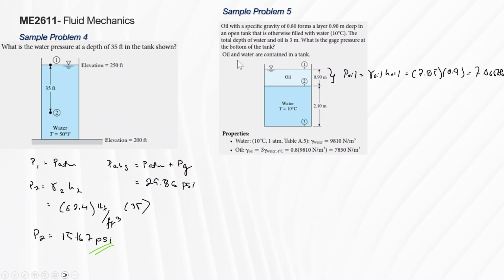So for here, oil with a specific gravity of 0.8 forms a layer 0.9 meters deep in an open tank that is otherwise filled with water. I guess that's supposed to be feet squared. Wait, we get 62.4 times 35 times 1 over 144, essentially.